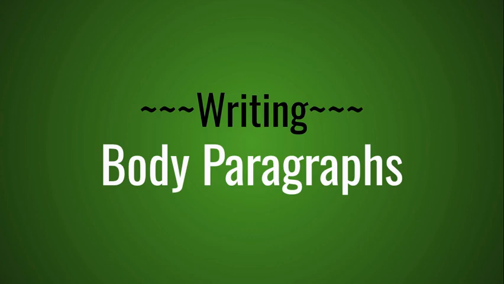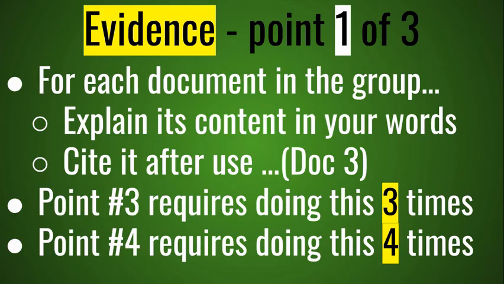There's a lot to do in the body paragraphs, but if you have a bit of a checklist, it isn't that hard if you've laid out a good roadmap for where we're going. So there's really 4 points that we're going to try to earn in the body paragraphs. There are 3 that have to do with evidence. The easiest point of the whole essay is the first evidence point.